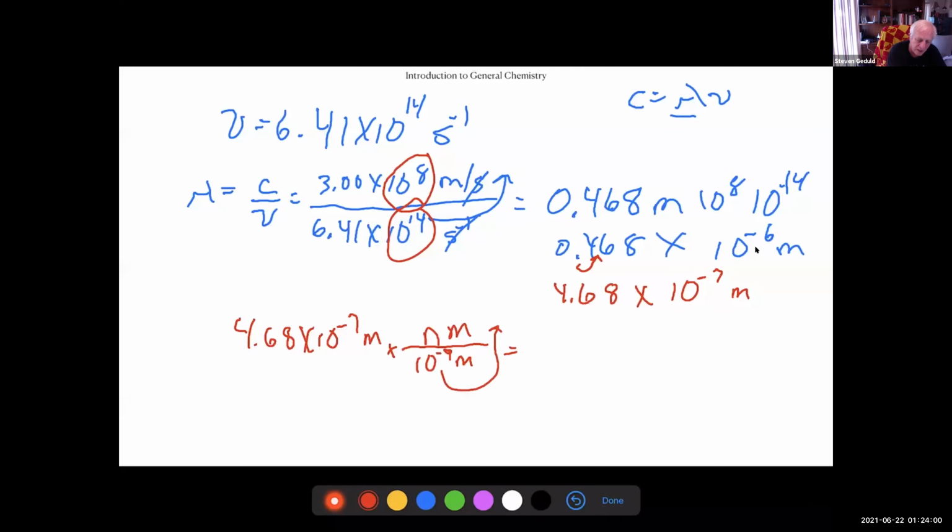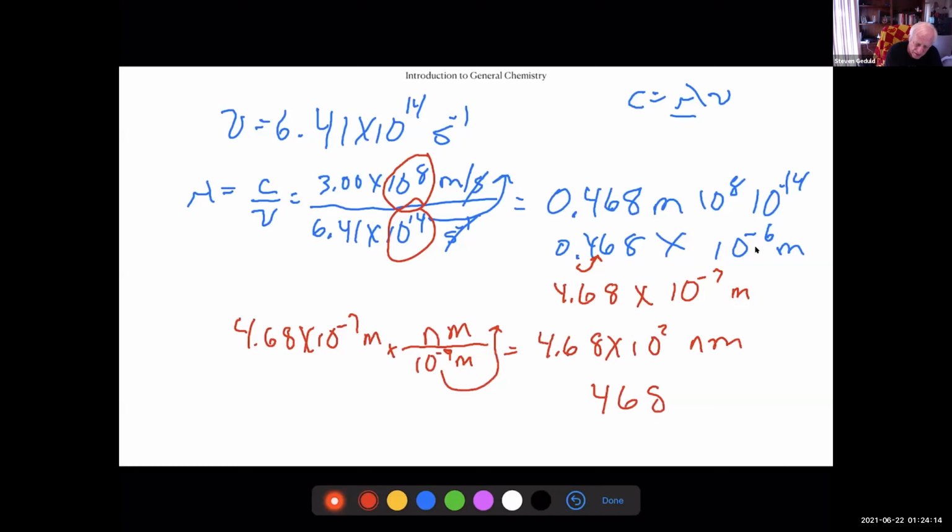This becomes 10 to the 9th. So 9 minus 7 is 2. So we got 4.68 times 10 to the 2 nanometers, or 468 nanometers. I think it's 4.68 times 10 to the 2. And that would be your answer.